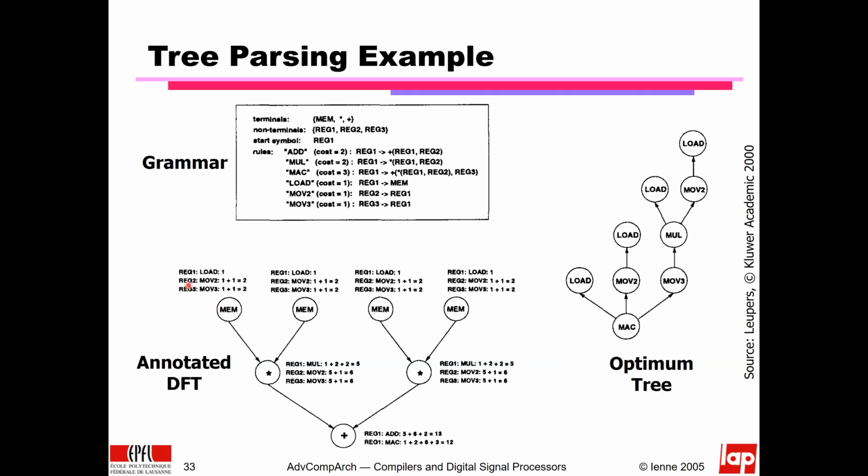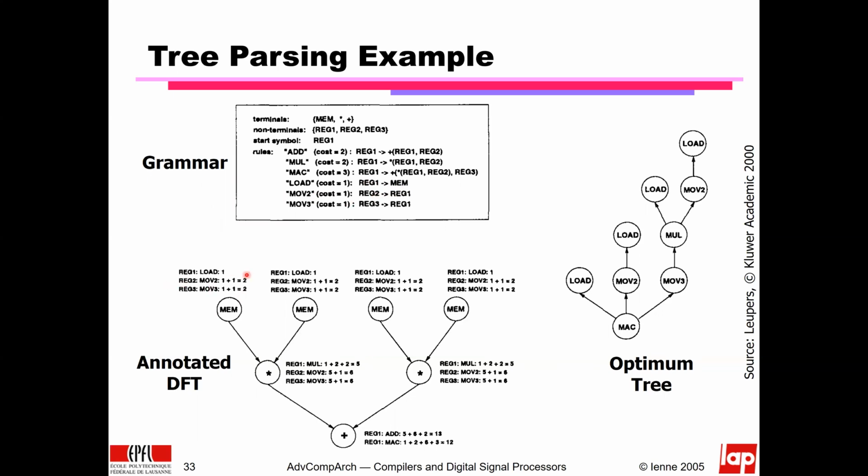For instance, if you want to have the value of this mem in register 1, you could do a load and it will cost 1 cycle, or you could bring it to register 2 by doing a load and a move, and therefore spend 2 cycles, one for the load that brings it in register 1, and one for the move that brings it from register 1 to register 2.